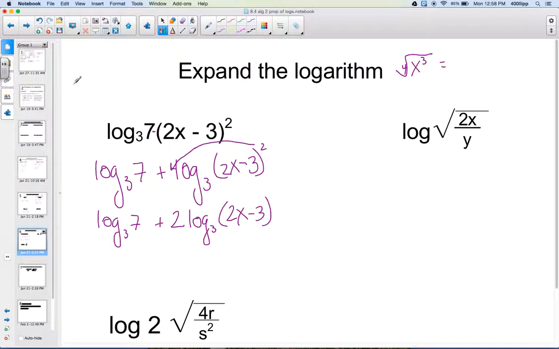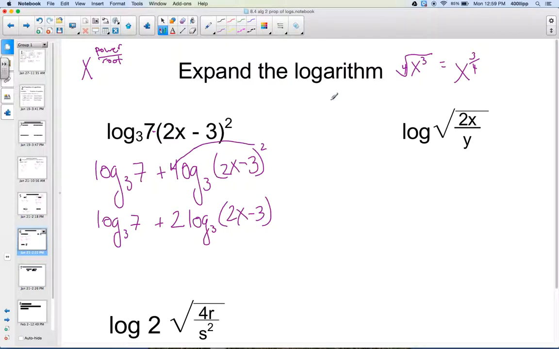We need to remember that I can use power over root to change this radical form to exponent form. So here I'll have a base of x, my power is a 3, and my root is a 4. So this is the same as x to the 3/4. And we want to change it to exponent form because we have a power property. We don't have a radical property.